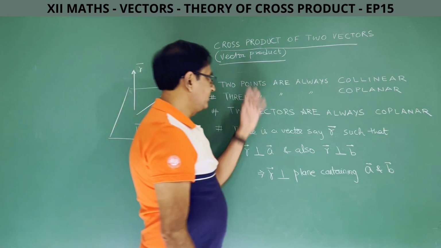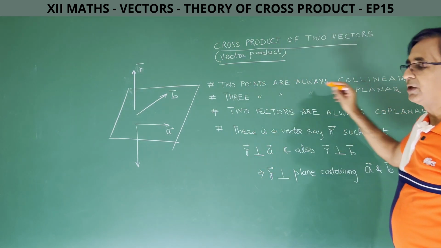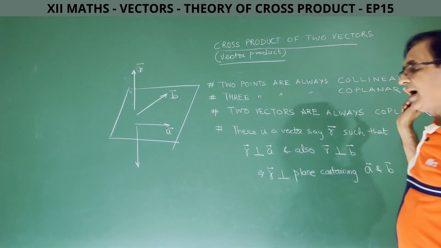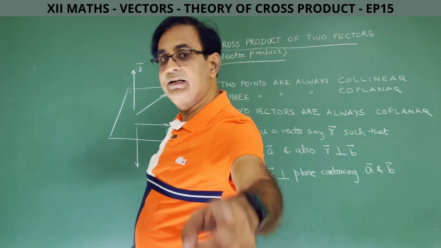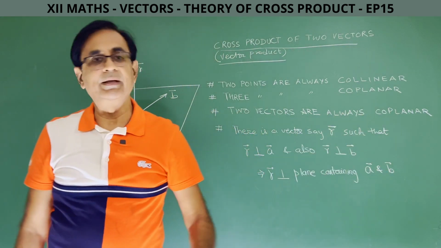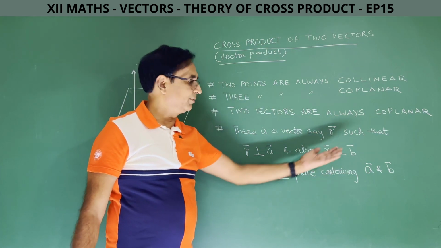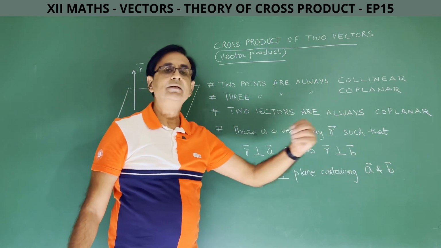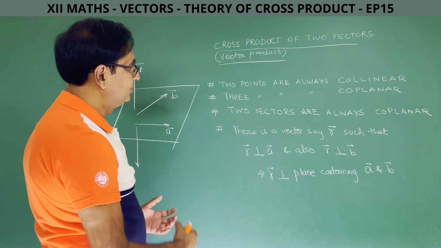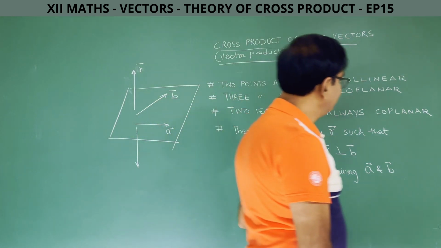So I'll again repeat these 4 points and then I'll move on to the direction of the vectors. 2 points are always collinear, 3 points are always coplanar, 2 vectors are always coplanar. If there is a vector R which is perpendicular to vector A as well as vector B, then it is automatically perpendicular to the plane containing A and B. Conversely, if vector R is perpendicular to the plane containing A and B, obviously it will be perpendicular to A separately as well as perpendicular to vector B. Now I am going to come to the direction of A cross B. So I will rub off the blackboard.